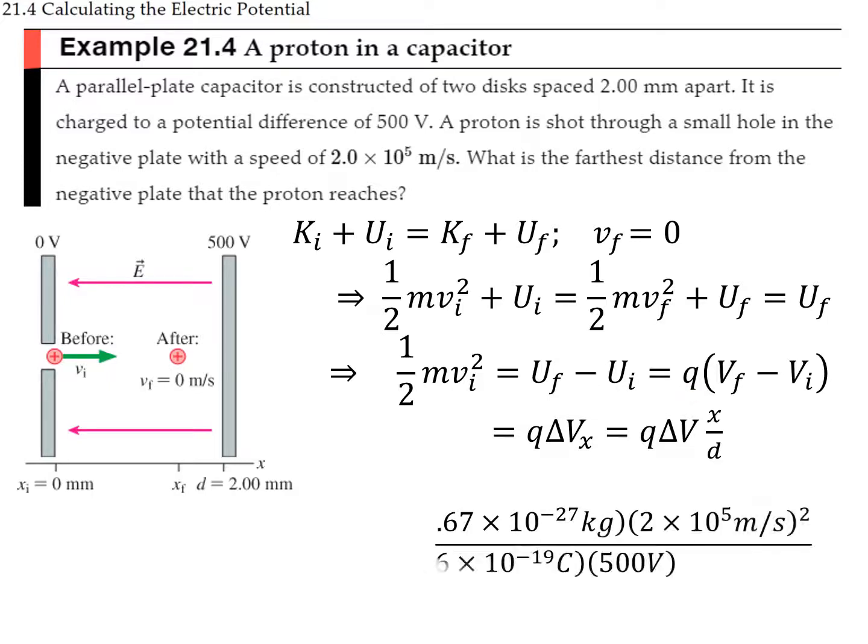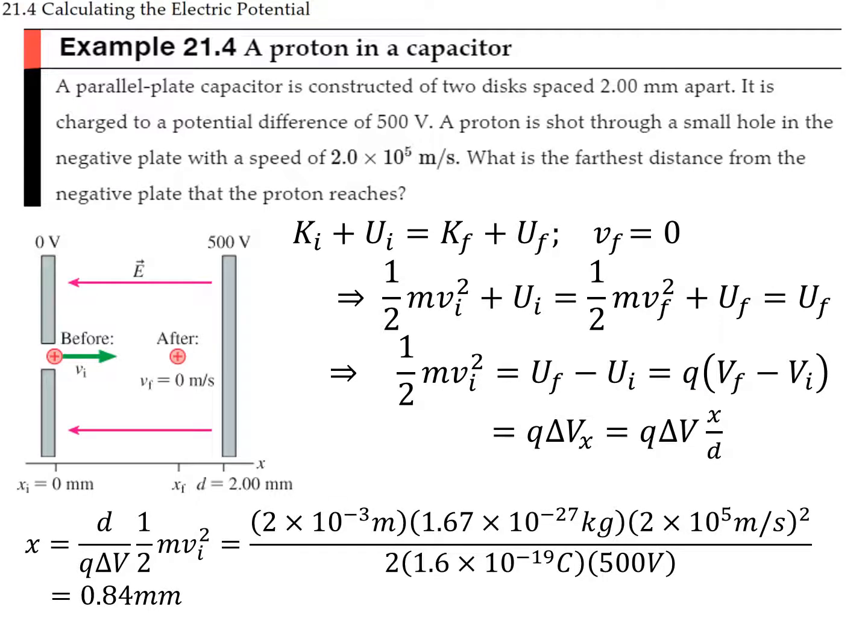So from here we solve for the potential energy, which is charge times delta V times x over d. This is the potential energy at a point x. And from here we solve for x. So x is going to be given by 1/2 m v squared, the initial velocity, times the distance divided by the charge and the change in potential.